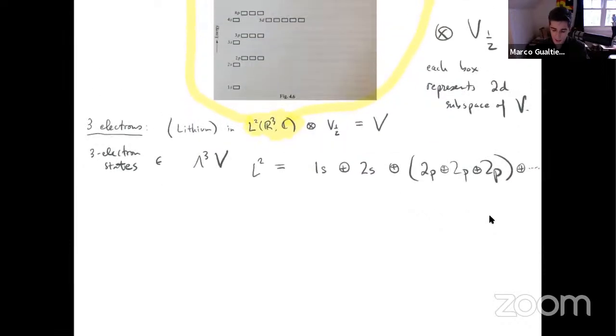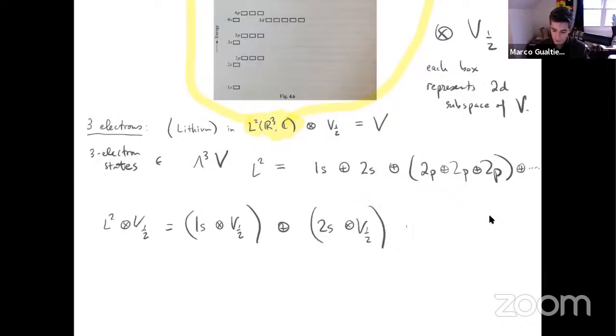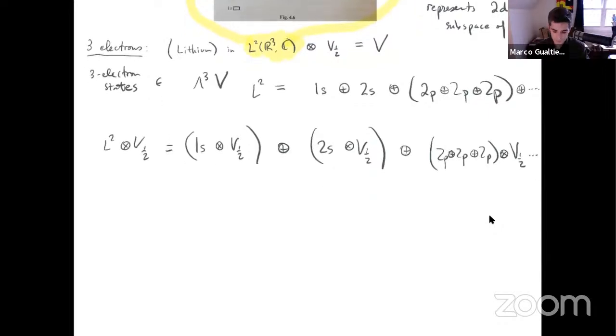Then L2 tensor V1/2 means every one of these is going to be tensored by this, and it'll continue.